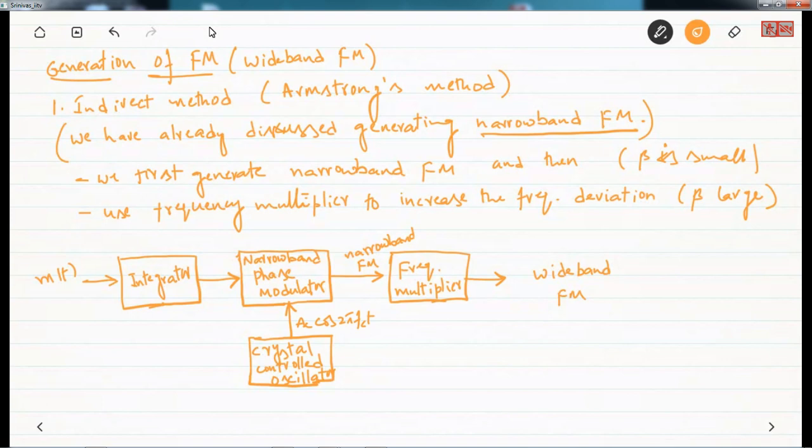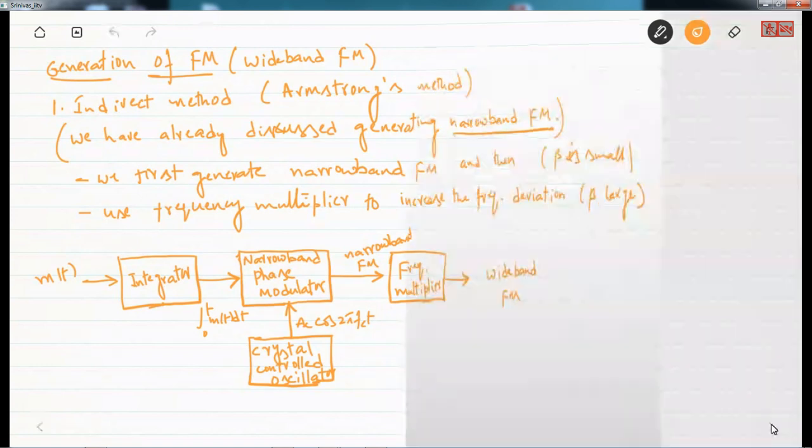Okay. So this integral signal is the integral from 0 to t of m of t dt, right? So I'll move on to discuss this.